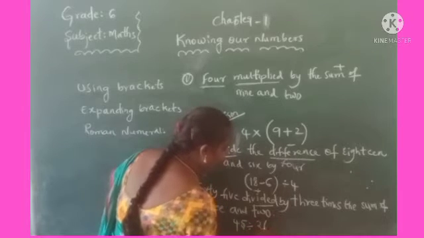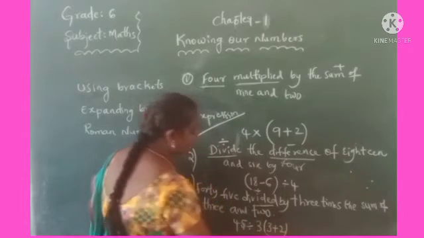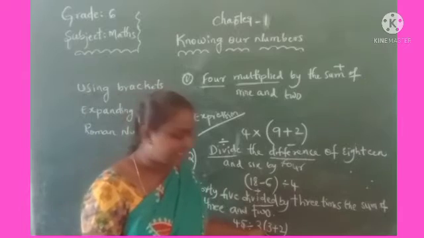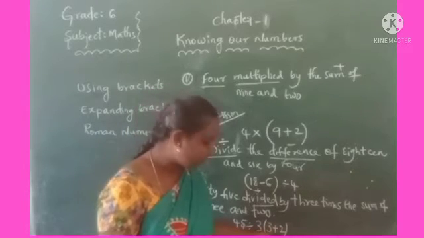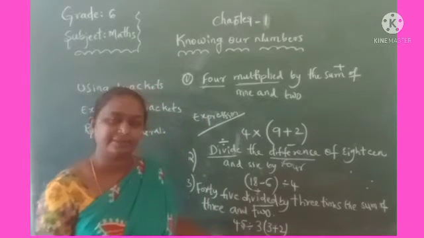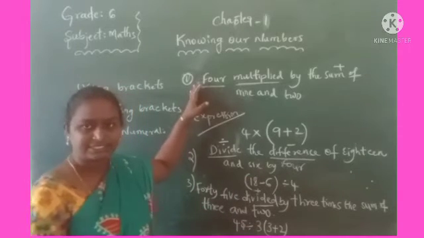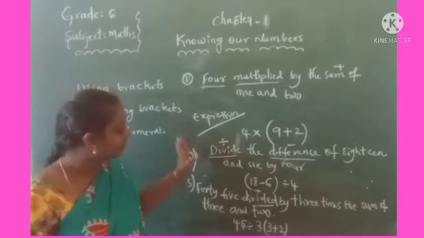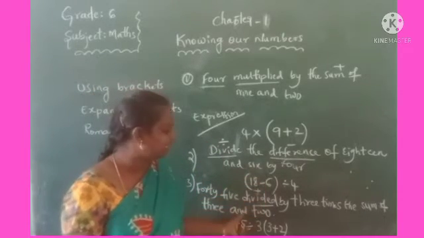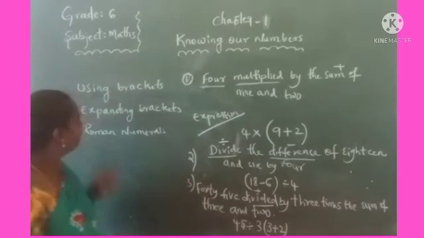First, inside the bracket you have to calculate 3 plus 2, which is equal to 5. 5 threes are 15. Then 45 divided by 15 is equal to 3. Like that you have to write from statement to expression. By using brackets we can calculate any value easily. It avoids the confusion. That is the use of brackets.